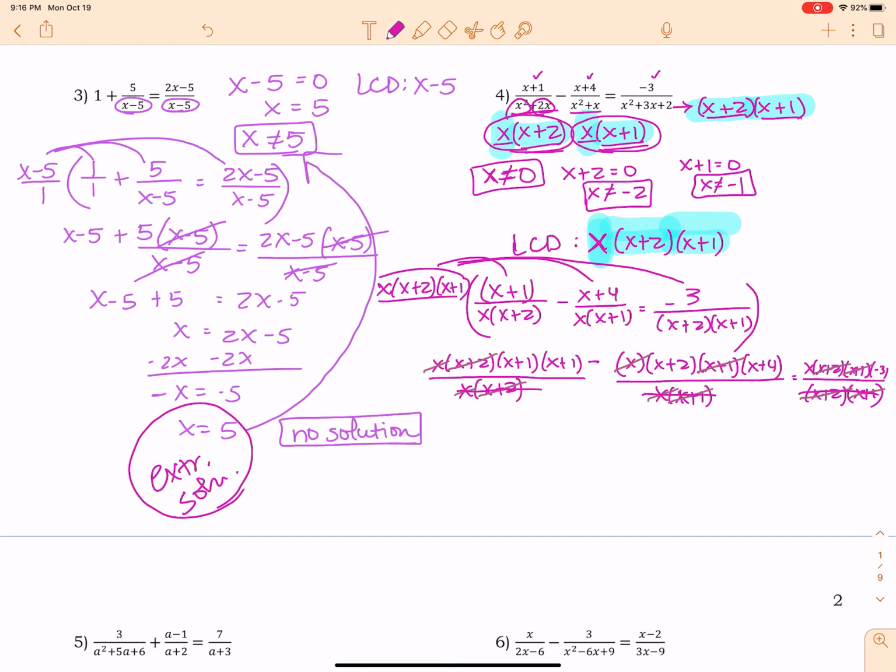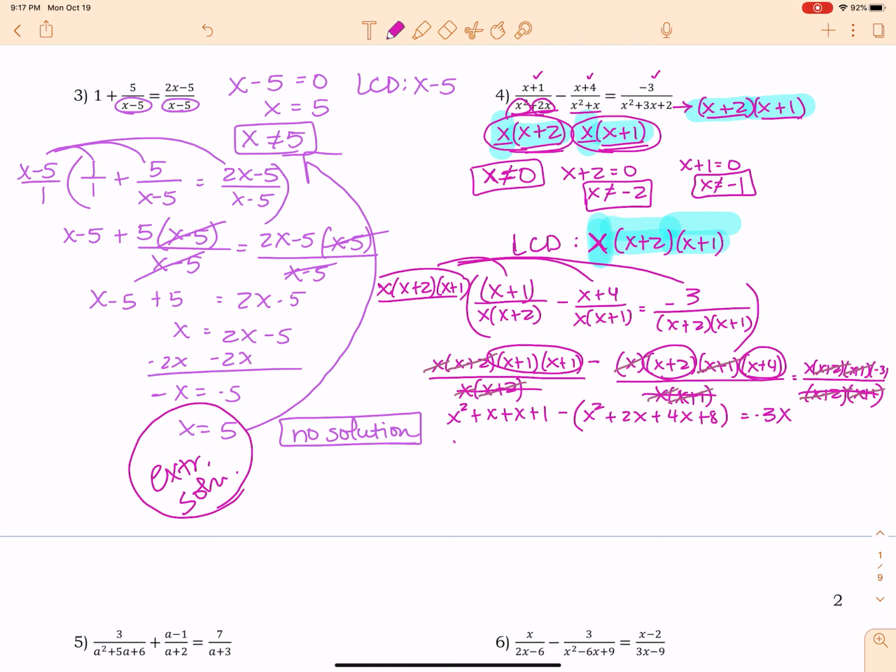All right, so what do we have left? Well, up here, we've got x squared plus x plus x plus 1 minus, use parentheses here because you've got to distribute the negative. You've got x plus 2 times x plus 4, so that's x squared plus 2x plus 4x plus 8 equals x times negative 3, so negative 3x.